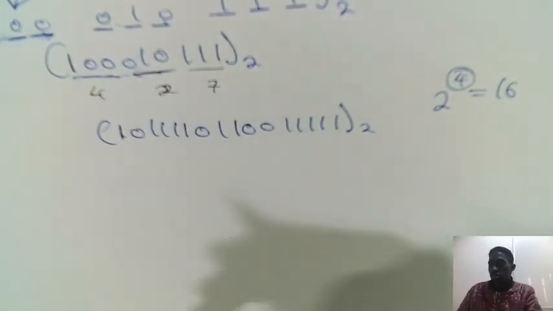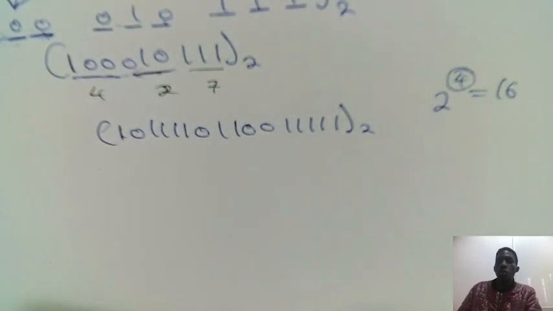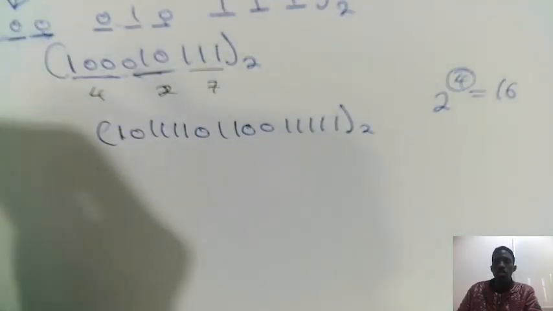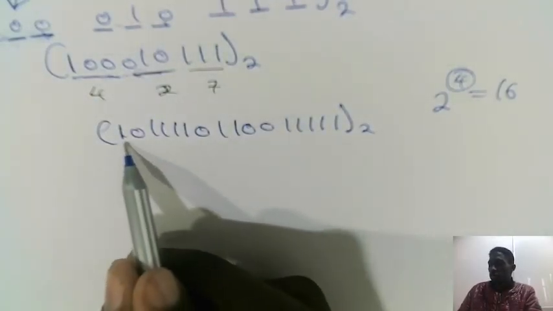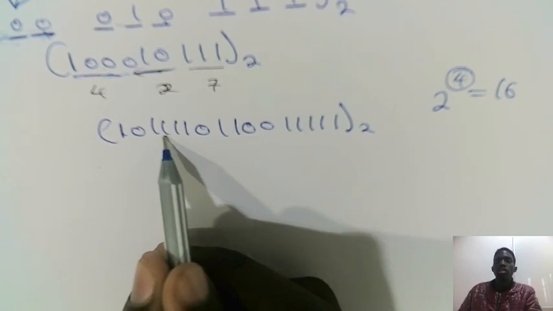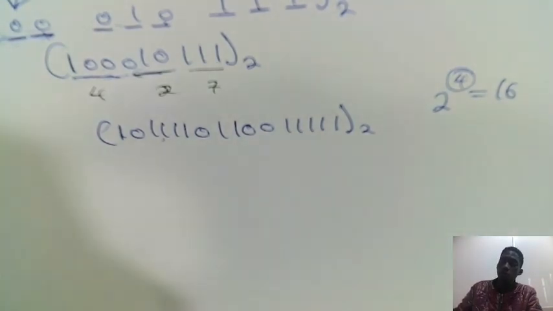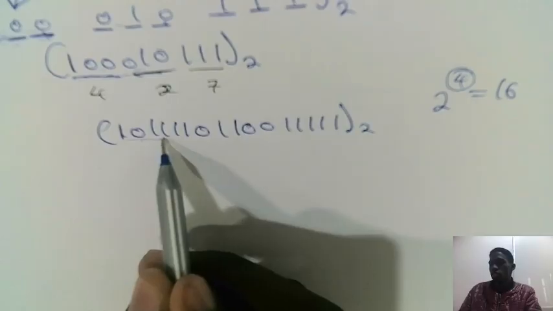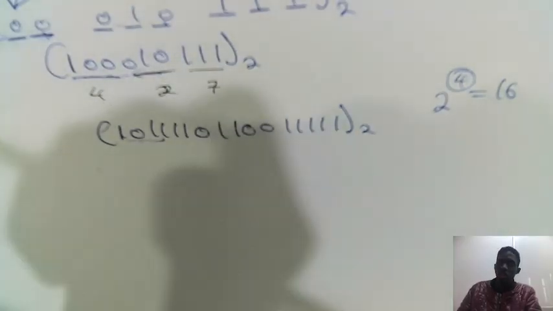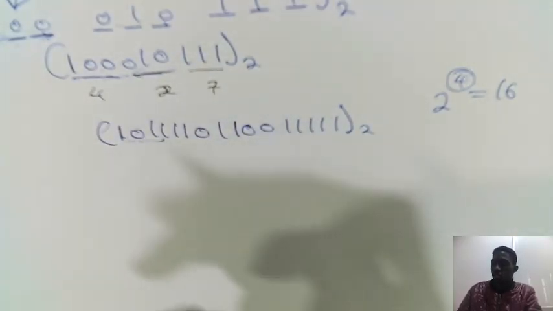So that should give me an idea: four bits of the base 2 number should give me a single digit of the base 16 number.